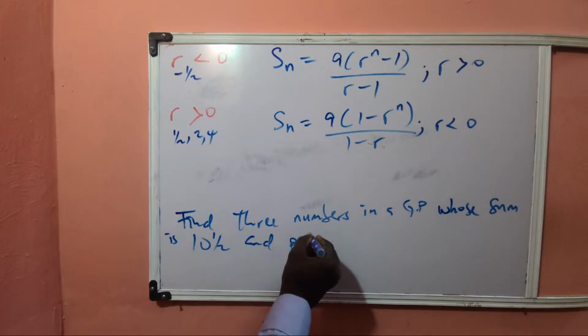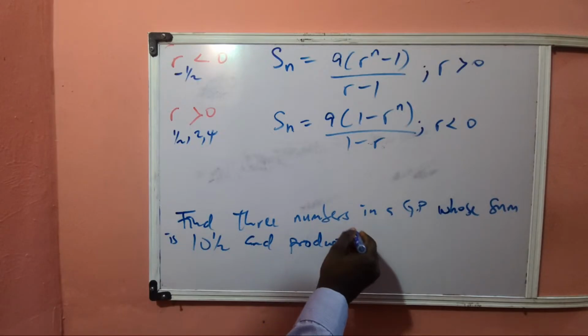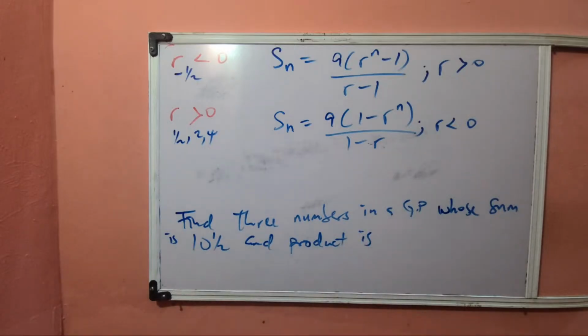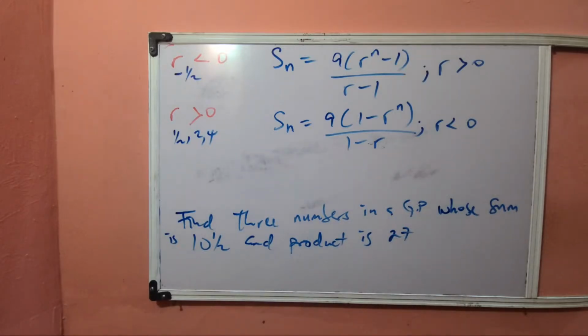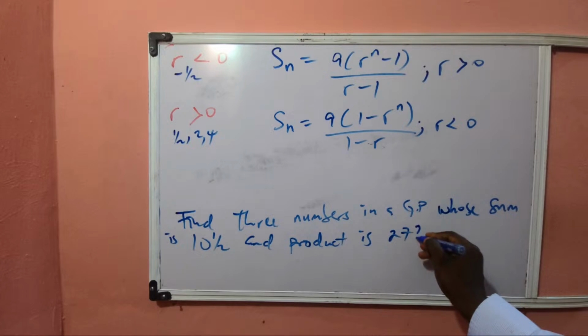The sum of the numbers will give you 10 and 1/2 and the product of these three numbers will give you 27. This is quite an interesting question.